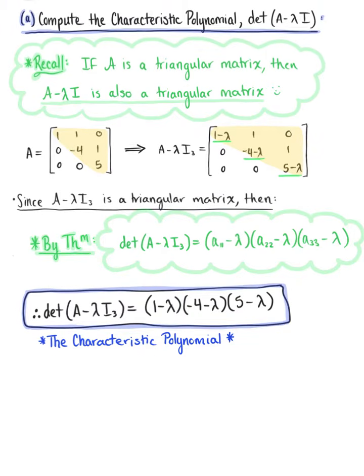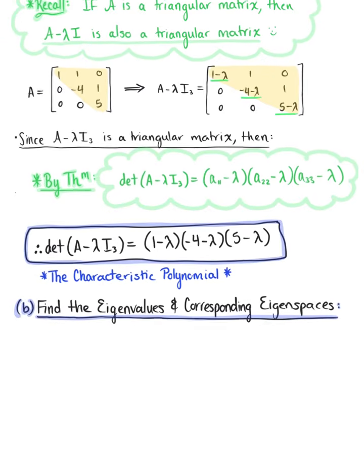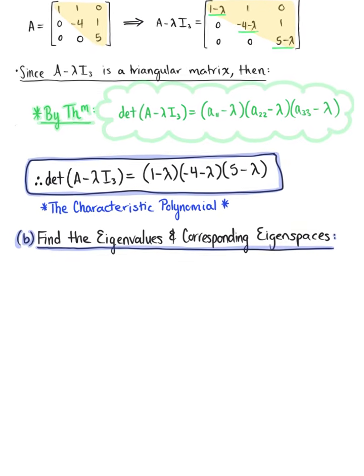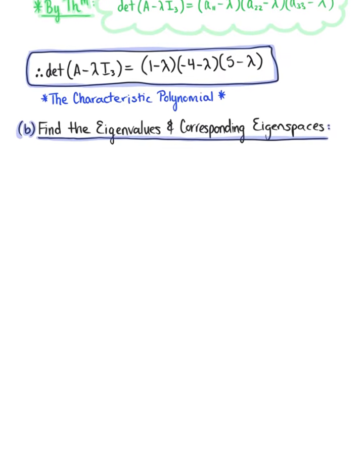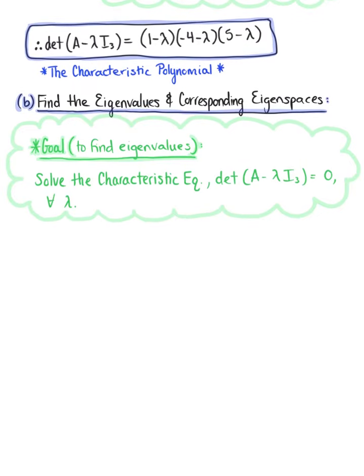Now in part B, we are asked to find the eigenvalues and the corresponding eigenspaces. So our goal here is to solve the characteristic equation, the determinant of matrix A minus lambda times that 3 by 3 identity matrix equals 0, for all lambda.